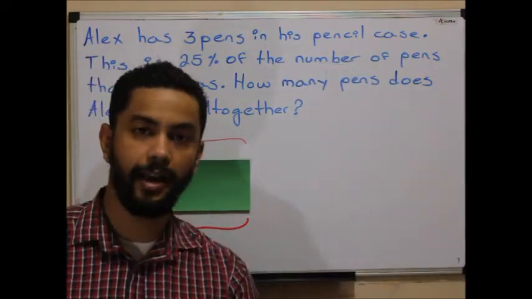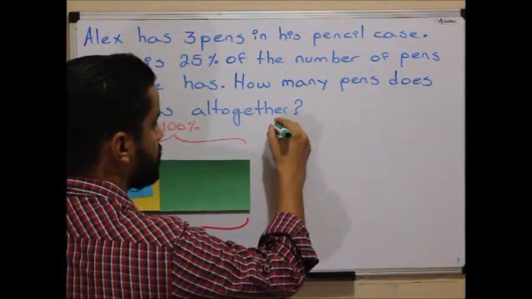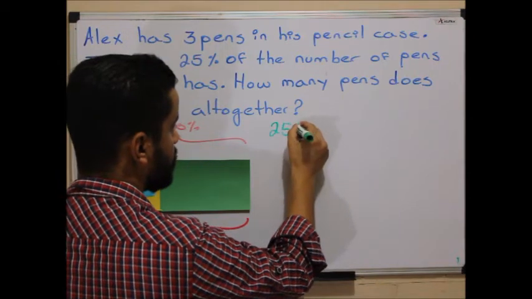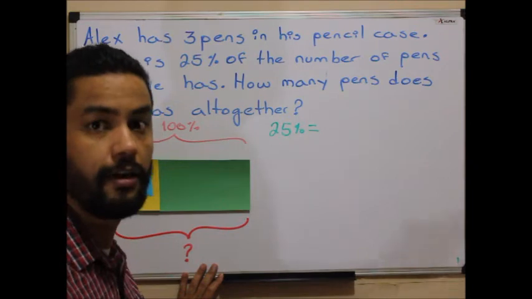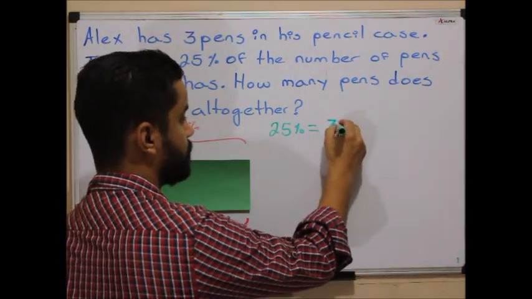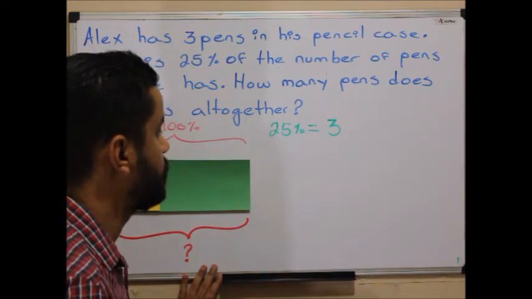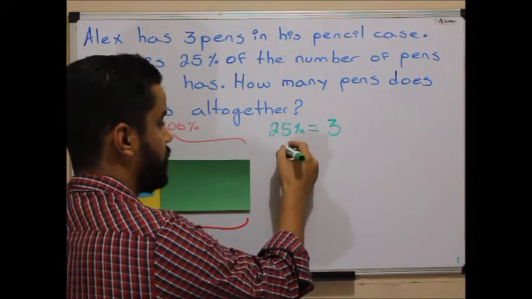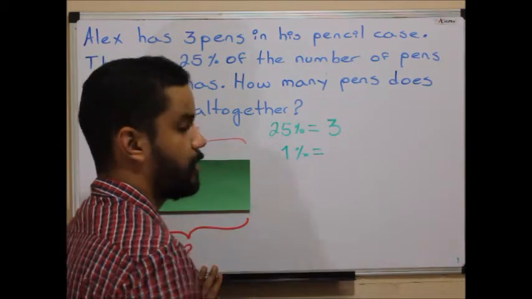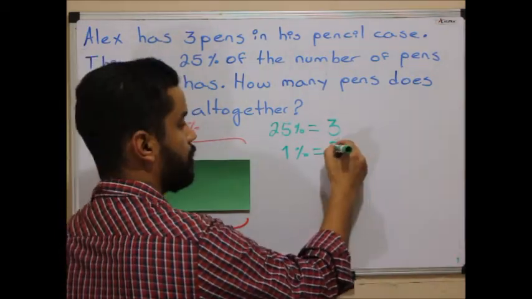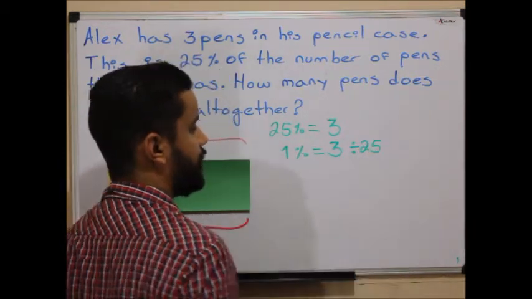So we're going to start writing the amount that we know. 25% is equal to 3 pens. Now, 1% will be equal to 3 divided by 25.